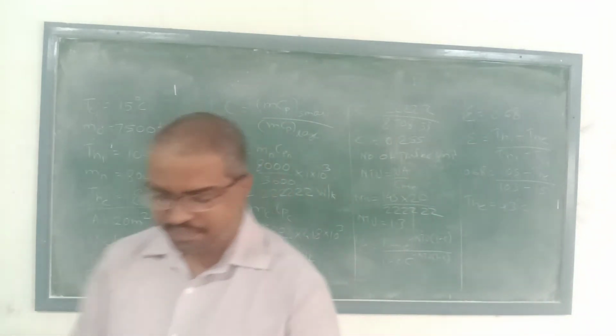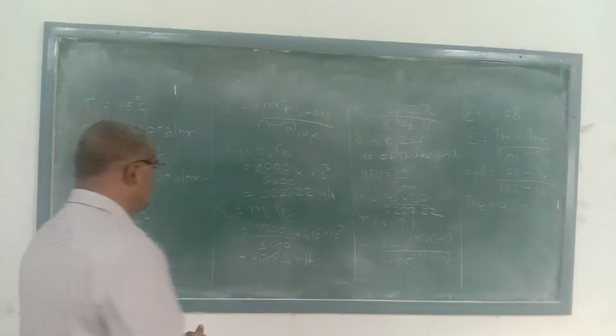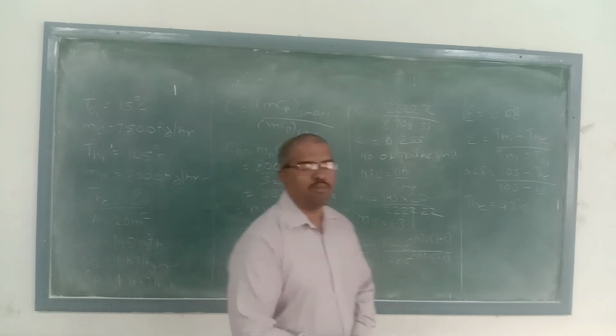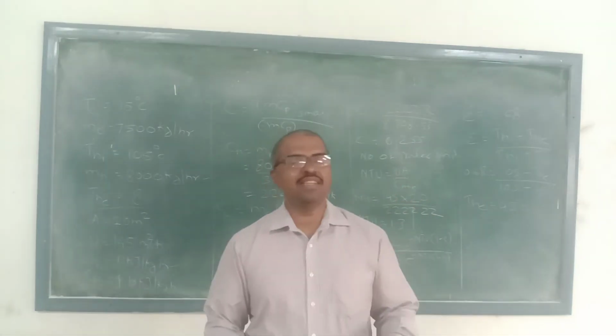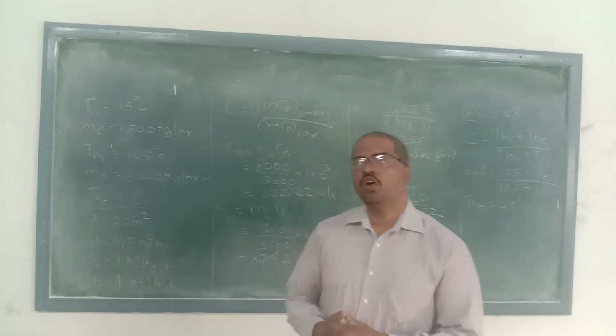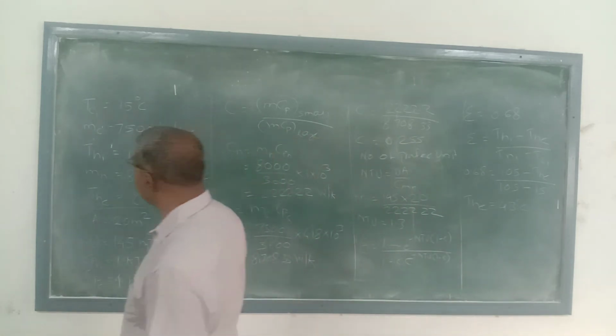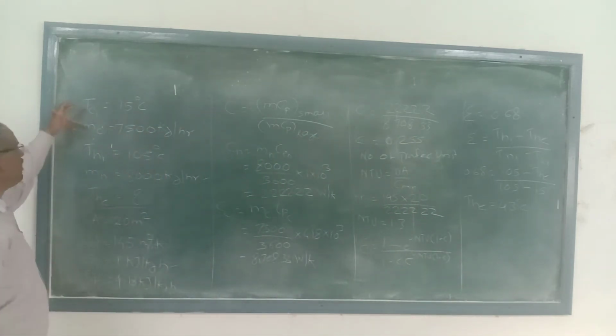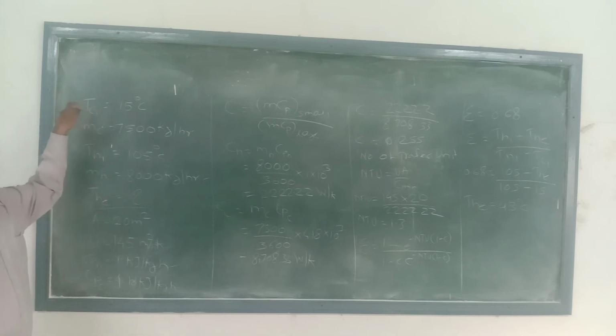So first of all we are going to summarize this problem. In this problem they are asking you to find the exit temperature of the air. They have given the temperature of the water inlet, heat capacity, mass of that water, then the temperature of the inlet air, then the mass of the inlet air, and they are asking you to find the temperature of the exit of the air.